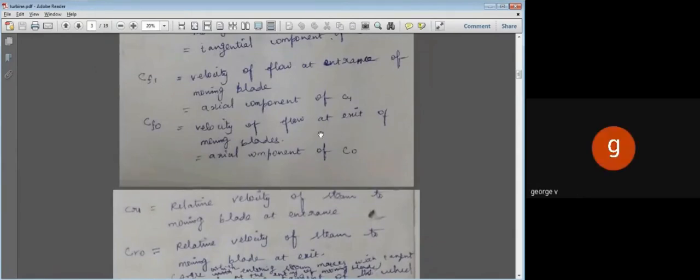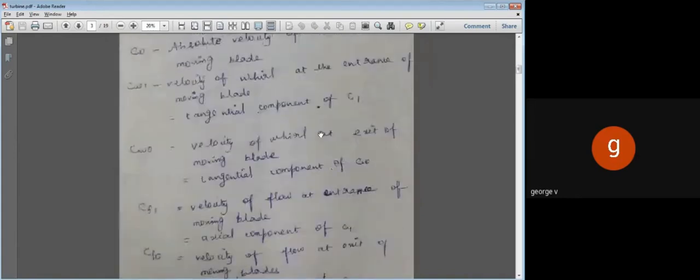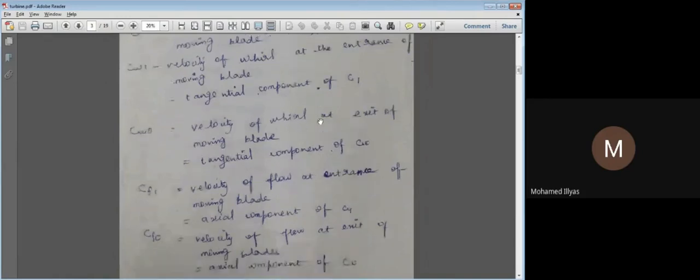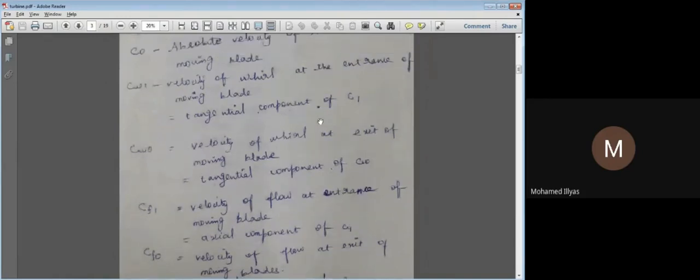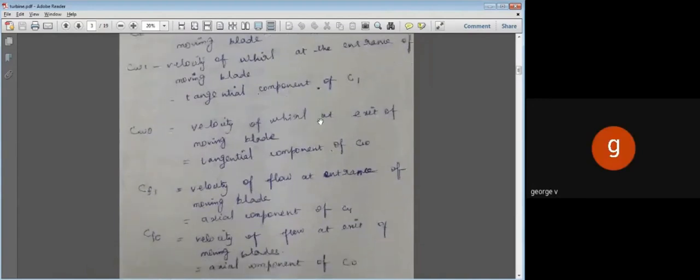Sir, please scroll up a little. So this is CW1, CWO, the tangential components at inlet and outlet respectively. Similarly, CF1, CFO are the axial components at inlet and outlet respectively.